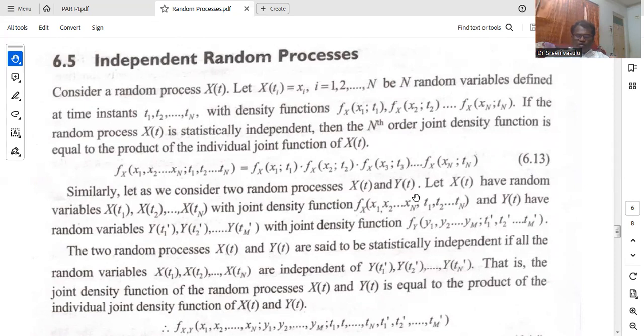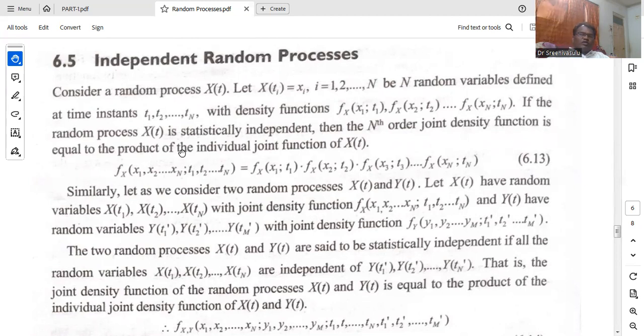Previously, we had f_XY of x comma y equal to f_X of x times f_Y of y. So the joint density function of x and y is equal to the product of the individual density functions in the random variable. The same concept we are going to apply here for the random process.